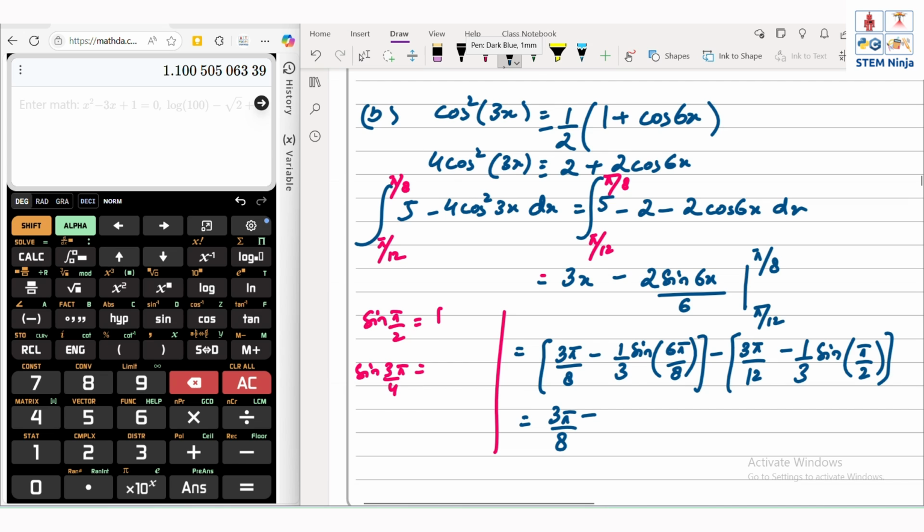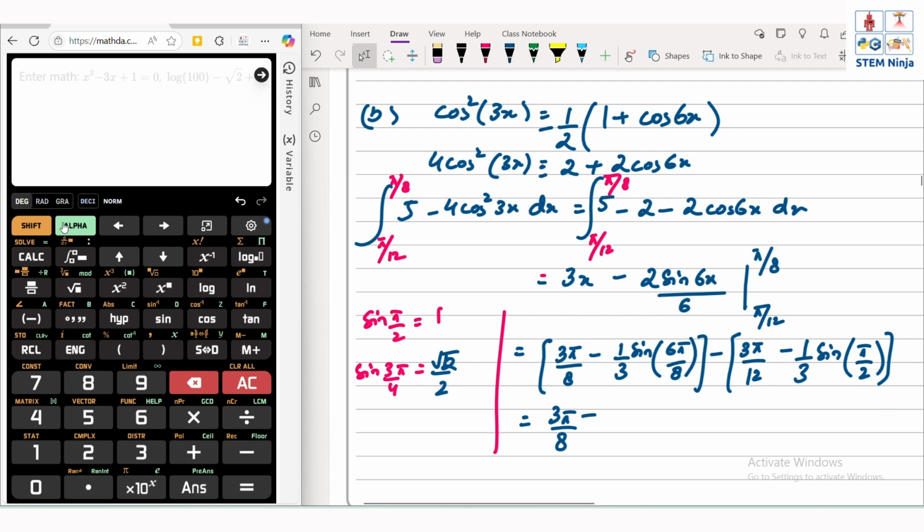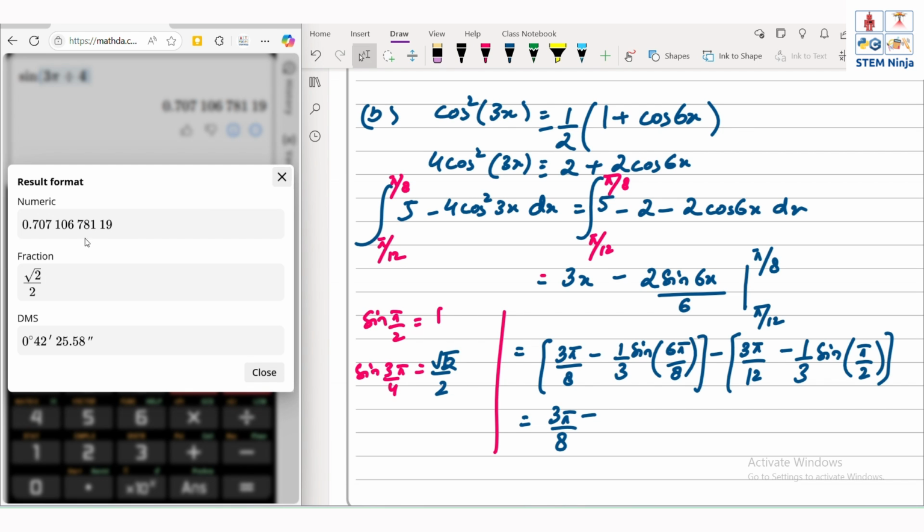So it will have the same value as pi by 4 and also positive. So square root 2 over 2. So just to show, in radians, sine 3 pi divided by 4. Yes, square root 2 over 2.